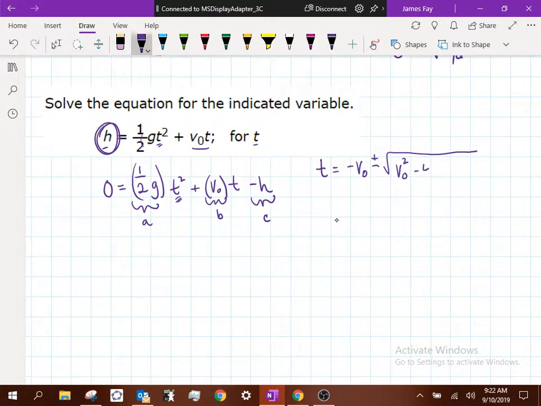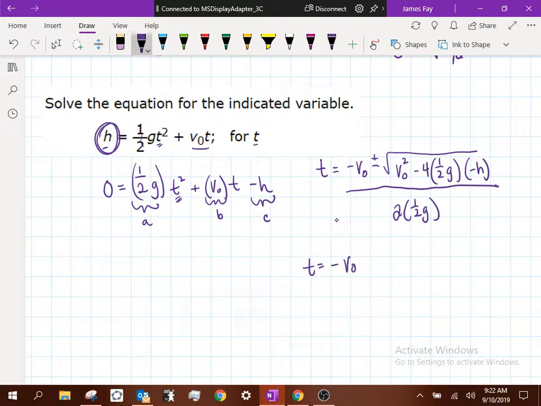B squared minus 4a, which a is 1/2 gravity, times c, which is negative h, all over 2 times a, which again a is 1/2 g. Writing it a little more condensed, v sub naught plus or minus the square root of, this becomes positive, so v sub naught squared plus 2gh, and that's all going to be over just g.